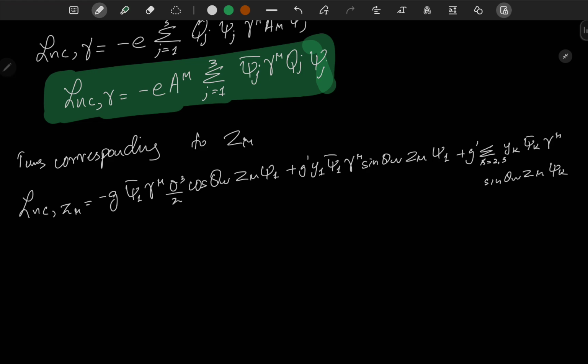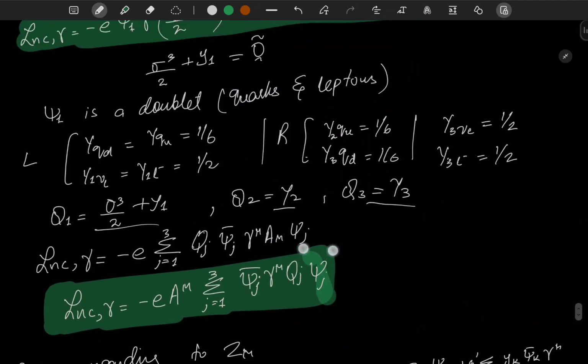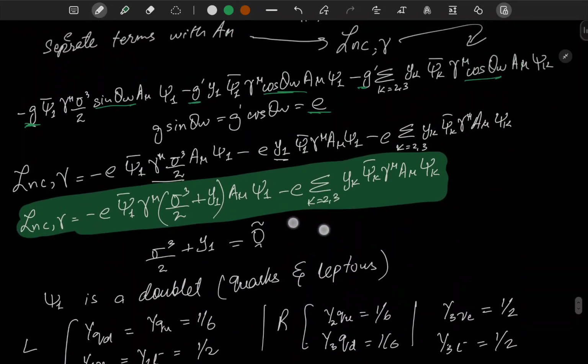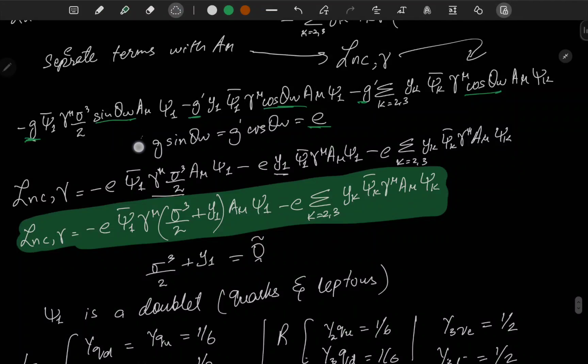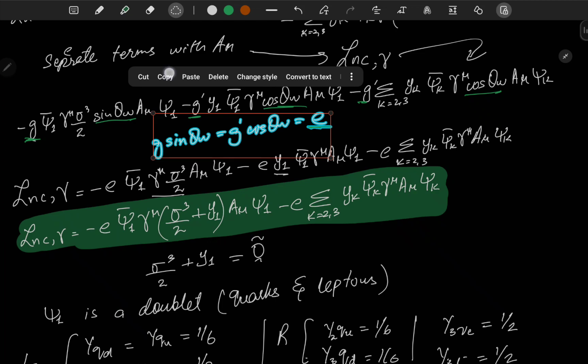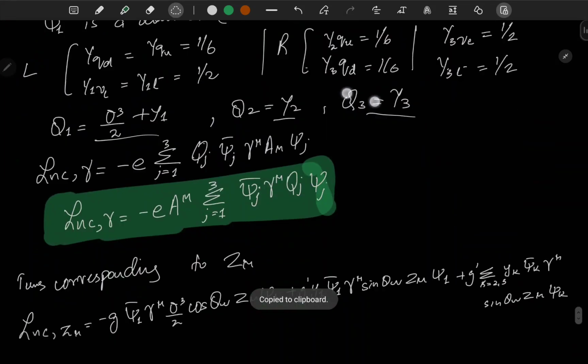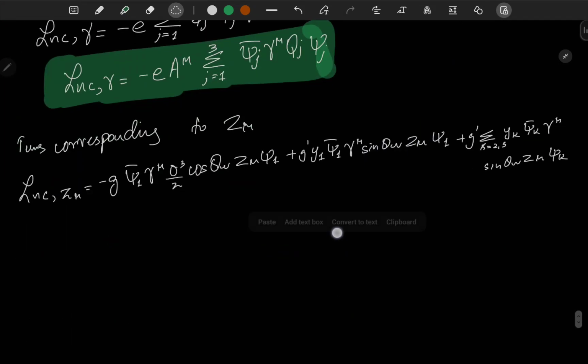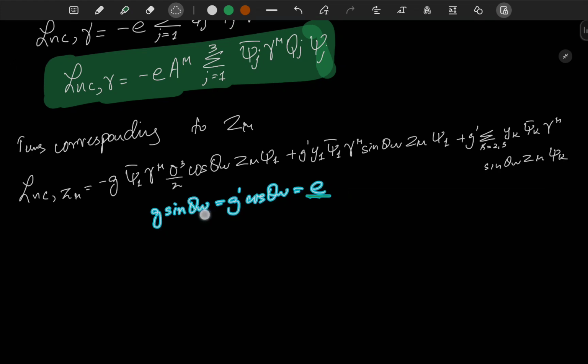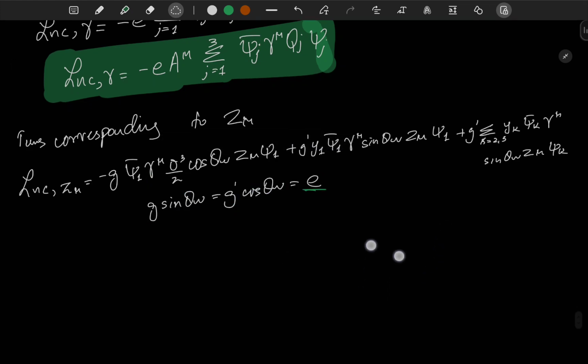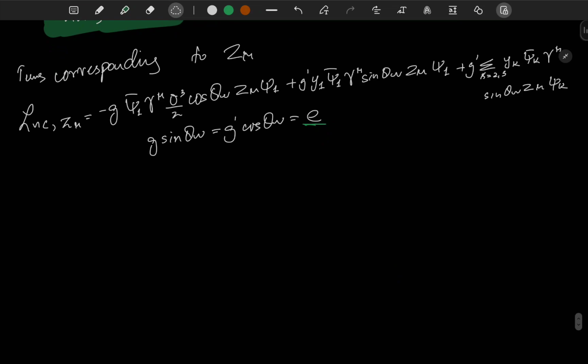Okay, again here we are going to use the Electroweak unification that we have used earlier. It is right here. So we will use this unification and rewrite it.